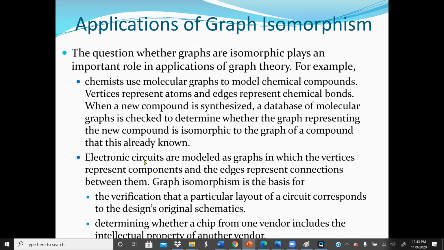Also, electronic circuits can be modeled as graphs in which the vertices represent the components and the edges represent the connections. So I may have a resistance or electric light. The electric bulb will be a vertex, and the line connecting the 2 bulbs or connecting to the switches will be the edge.